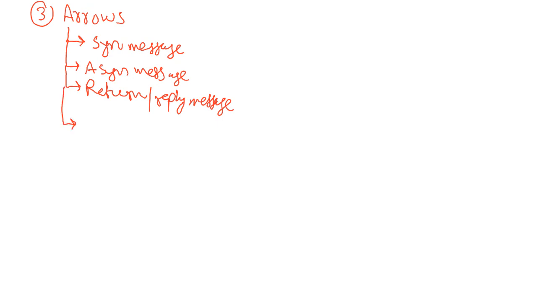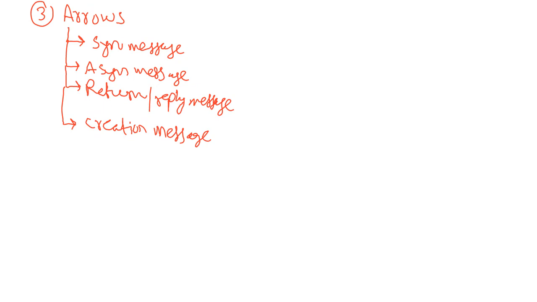The fourth is called the participant creation message. See, when an object is created, it will not live for the entire duration of the sequence of events. Correct?